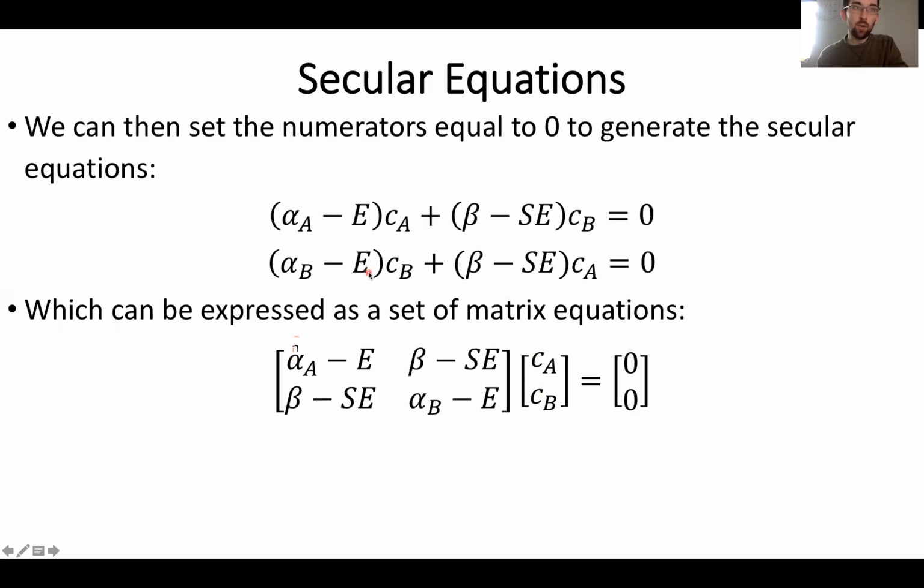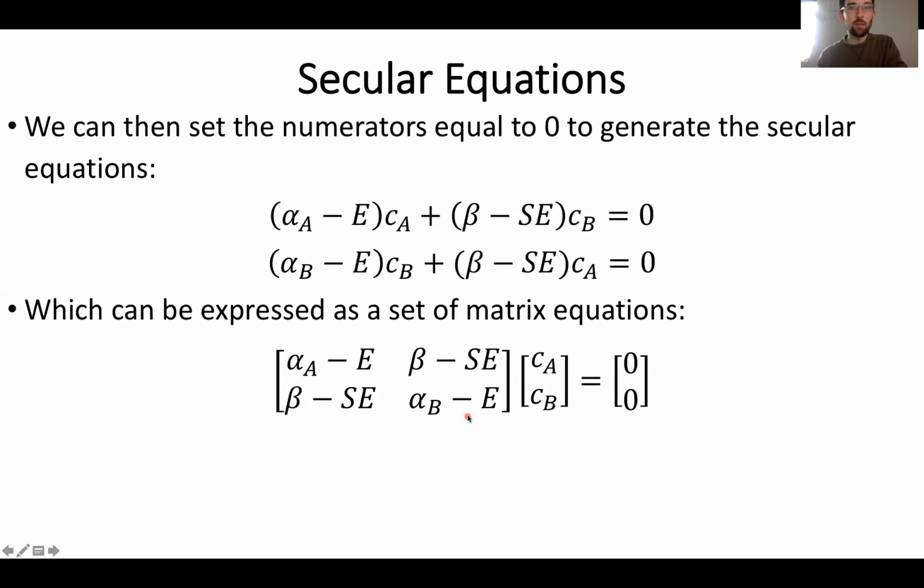But it turns out that by using this matrix form, we can use a set of well-established rules. If I have a matrix times a vector and I get a 0 vector back, it turns out that this is only going to be true if I set the determinant of the matrix equal to 0, remember our good old friend determinants.